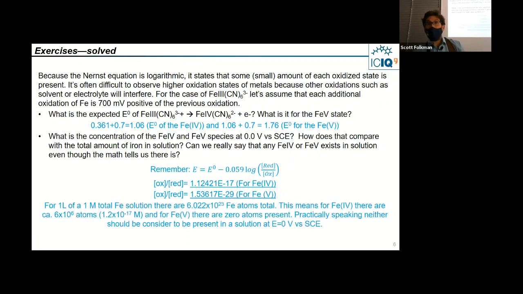If I look at a 1 liter, 1 molar solution, I know there's Avogadro's number of iron atoms. And so if I look at iron 4 there, the concentration of that would be somewhere around 1.2 times 10 to the minus 17th moles per liter. And there's essentially 0 iron 5. But practically speaking, neither of these are really there. There's very little of it, and certainly none of it that could contribute to any reactivity that you see.